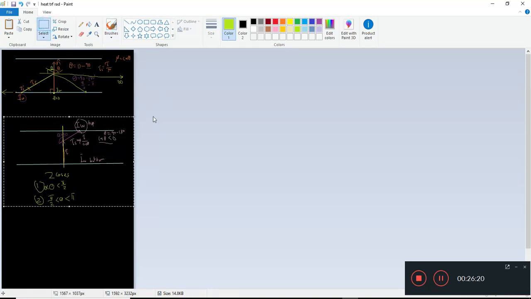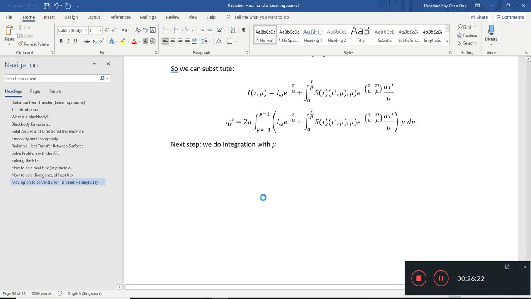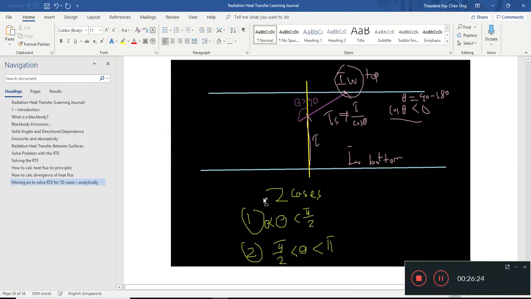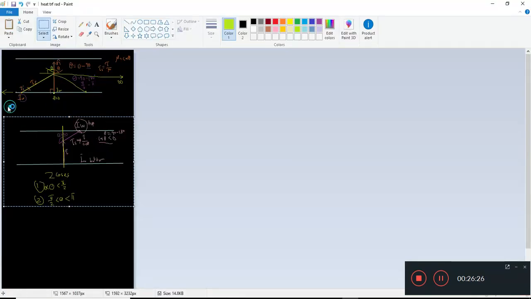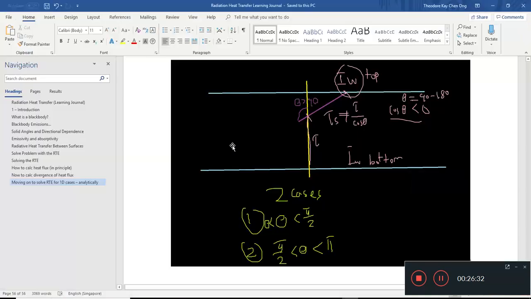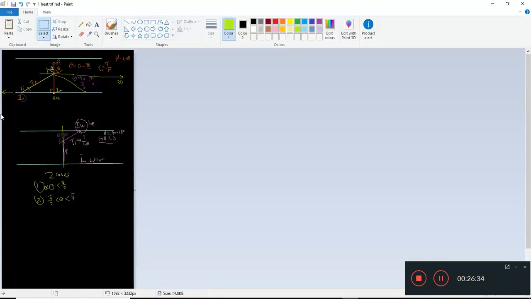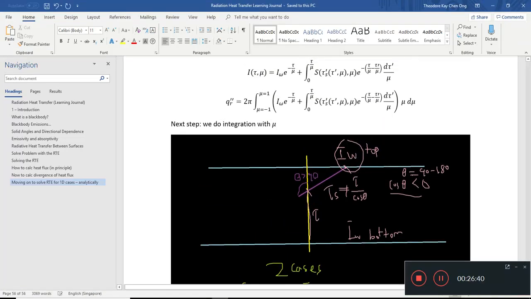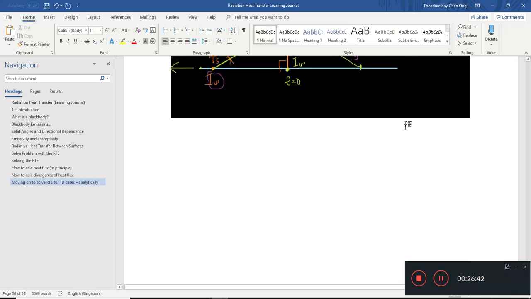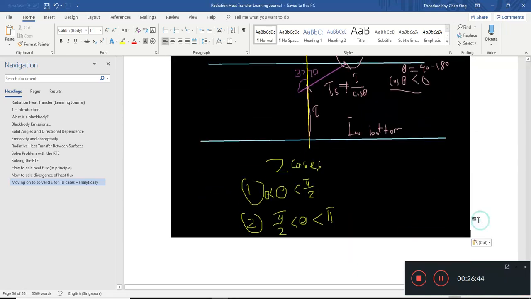So I'm going to copy the top and the bottom picture. So we have two cases to consider.